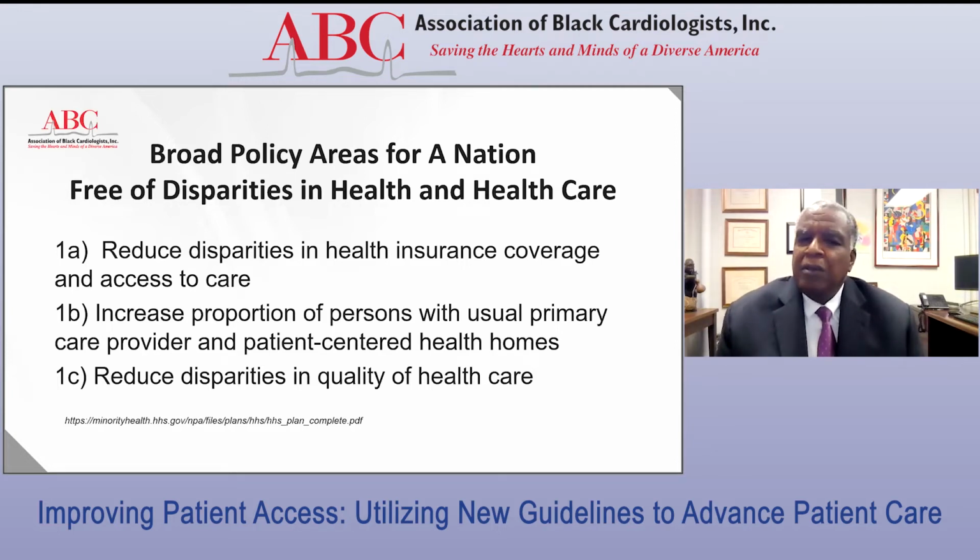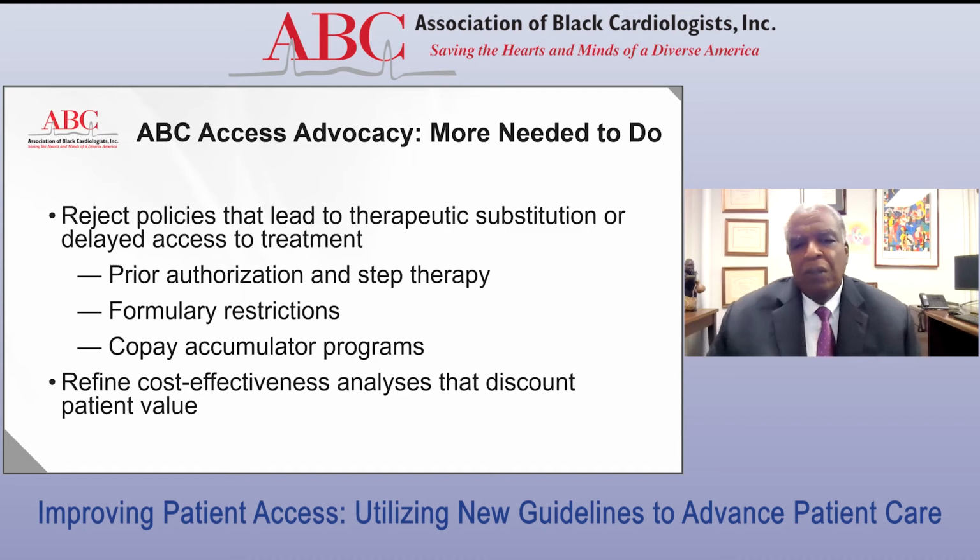Even in major academic centers, when you look at the registries and cohort studies, there's less intensive use of statin therapy, less attainment of LDL goals, less control of diabetes with the hemoglobin A1C less than 7, less control of blood pressure, and a wide range of disparities even within some of the best hospital systems.